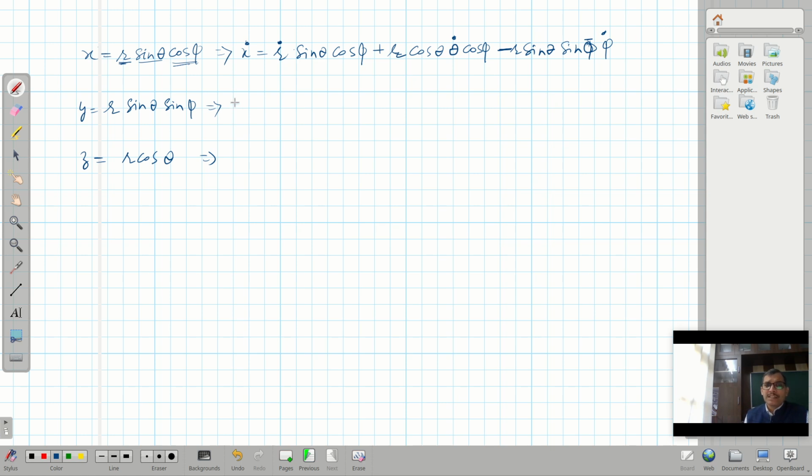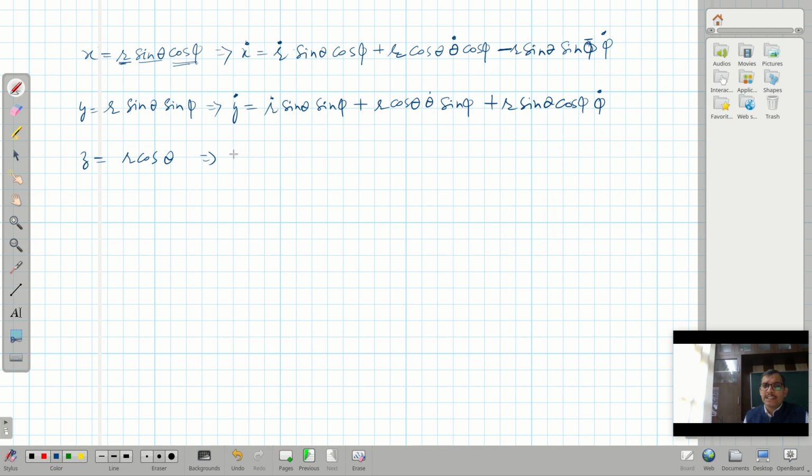Similarly, y dot can be written as r dot sine theta sine phi plus r cos theta theta dot sine phi plus r sine theta cos phi phi dot.